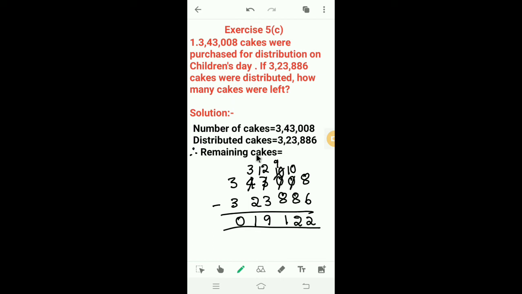Therefore, remaining cakes is equal to 19,122. Thus, 19,122 cakes were left.